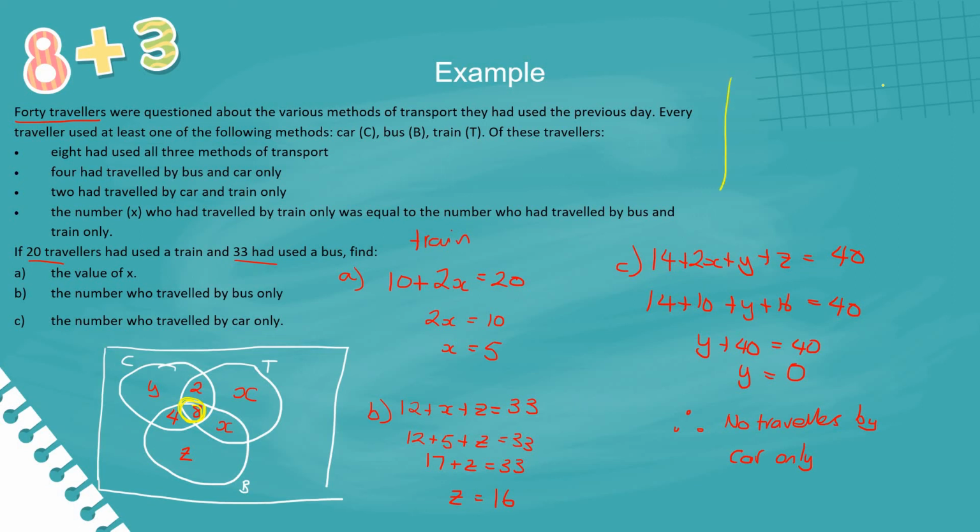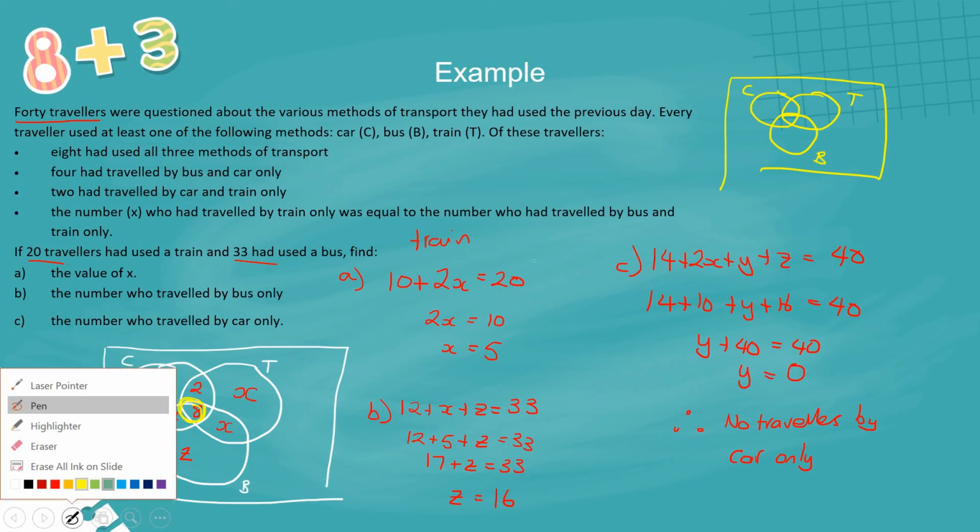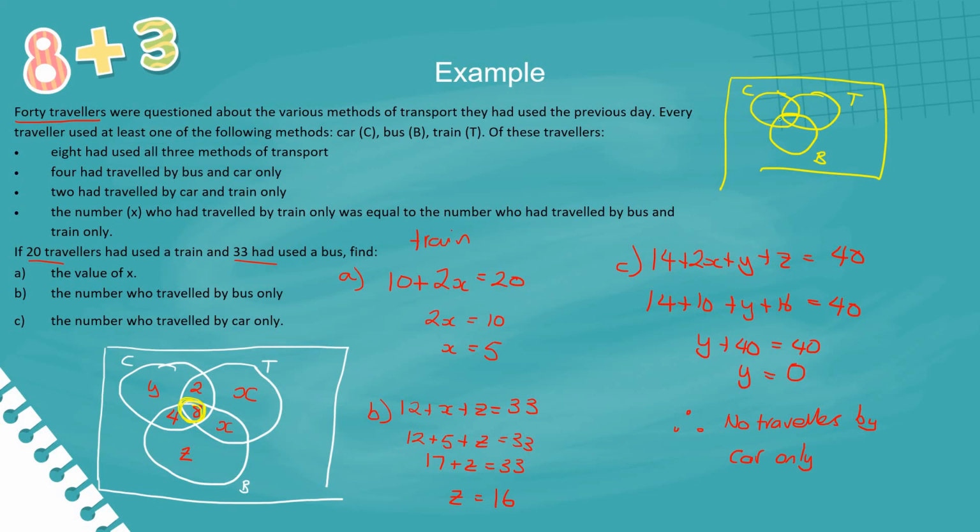And one more time, if I have here car, train, bus, if I was referring to people who travelled by car and bus, that would be this green section in there. So that green section would say car and bus.